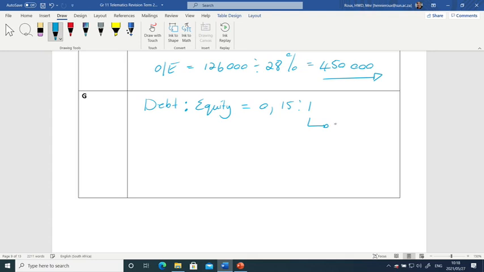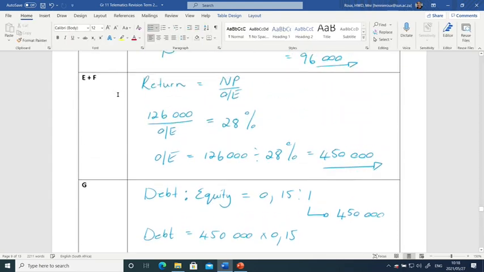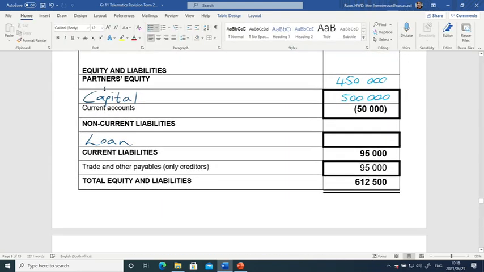This one, we've calculated that as 450,000. So we can calculate the debt. The debt will be equal to 450,000 times 0.15 to give us 67,500. So on the balance sheet, or the statement of financial position, we can put in the loan.